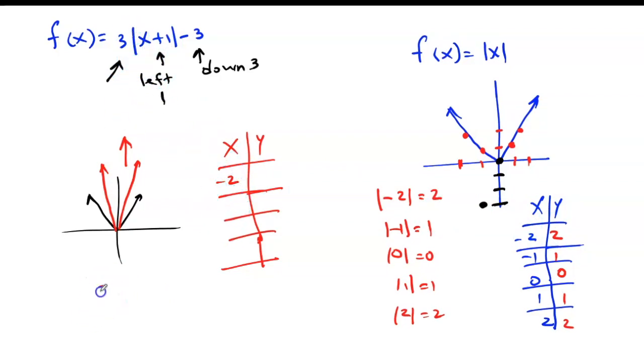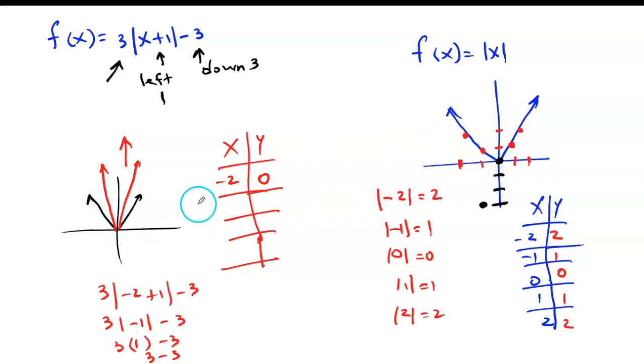I have 3, absolute value of -2 plus 1, minus 3. What do I do? -2 plus 1 is -1. Then I do the absolute value. Absolute value of -1 is +1. And then 3 times 1 is 3, minus 3 is 0. So what I'm trying to say is create a table of values if you need to.